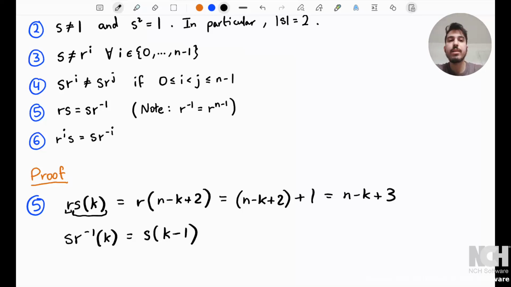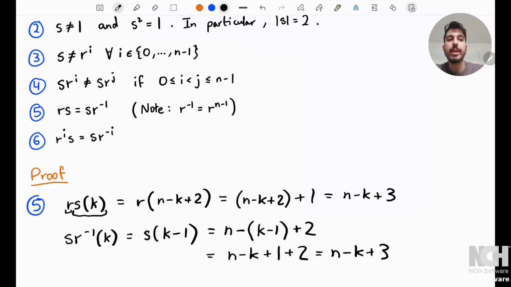And for S of K minus 1, we use the formula and we get N minus, instead of K, we write K minus 1, plus 2. And this equals N minus K plus 1 plus 2, which equals N minus K plus 3 again.